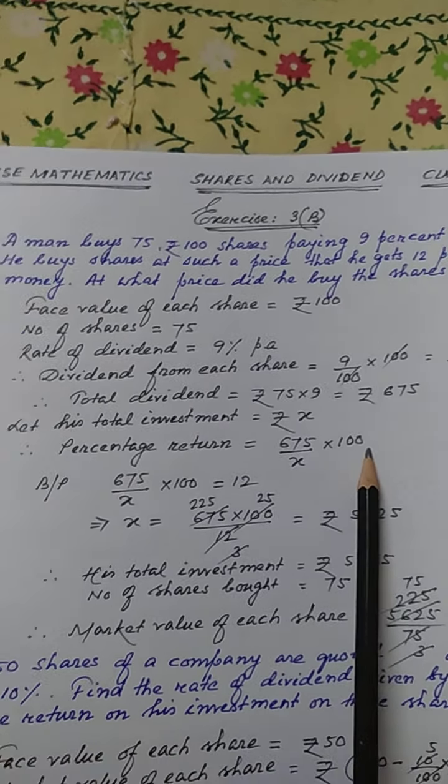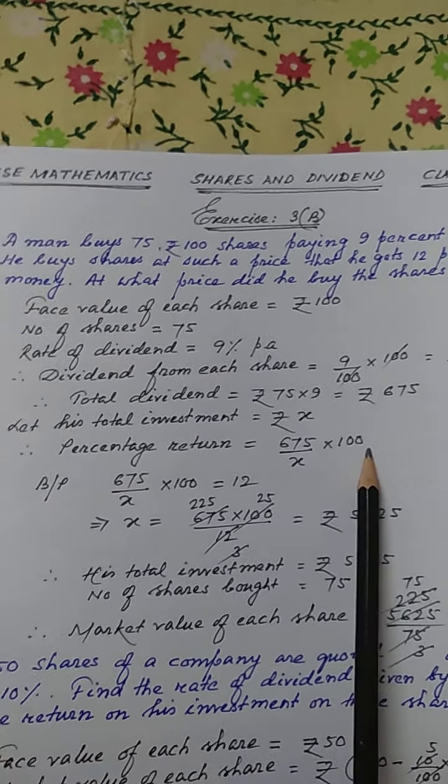Find, one, which company is giving a better return? Two, if a man invests rupees 26,400 with each firm, how much will be the difference between his annual return from the two firms?